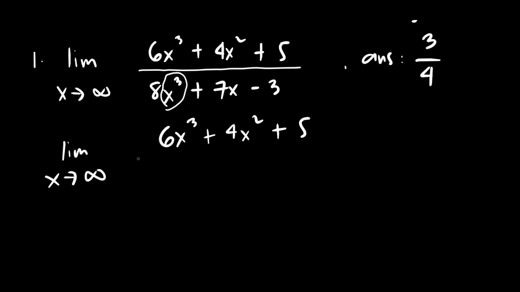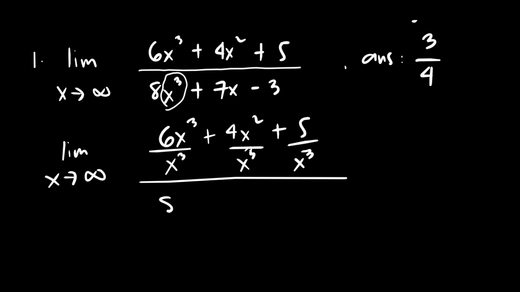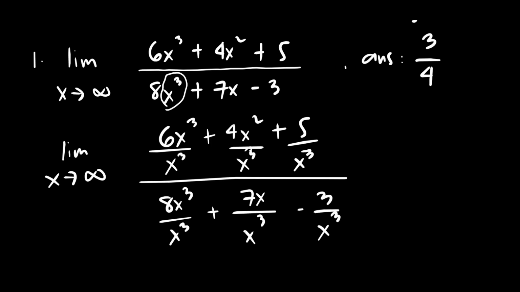So 6x cubed over x cubed, 4x squared divided by x cubed, 5 over x cubed, so all over 8x cubed over x cubed plus 7x over x cubed minus 3 over x cubed.